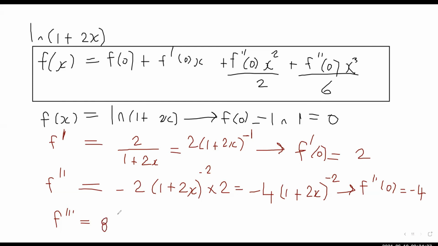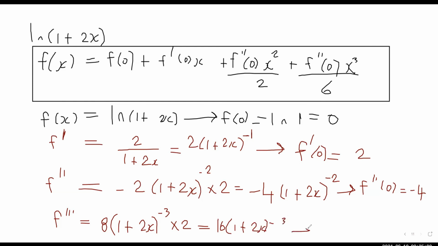We subtract 1 from the power to get 1 plus 2x to the minus 3. Then we multiply by the derivative in the brackets, 2, but 2 times 8 is 16. So we get 16 times 1 plus 2x to the negative 3.